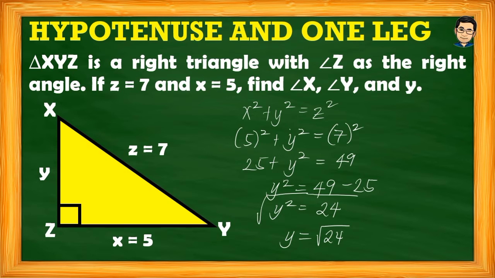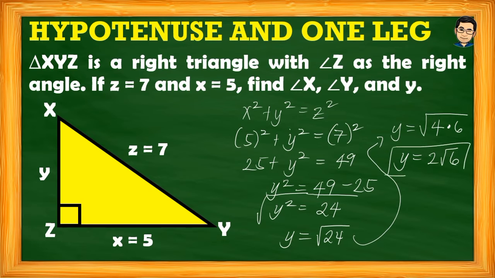Yung 24, hindi siya perfect square. Pero, meron siyang factor na perfect square, which is 4. So, magiging ganito siya. Y is equal to square root of 4 times 6. Yung factor niya na perfect square is 4. So, square root of 4 is 2. So, magiging y is equal to 2 square root of 6. So, yan po ang sukat ng y.